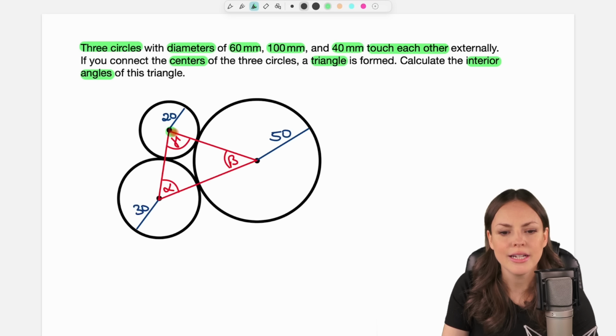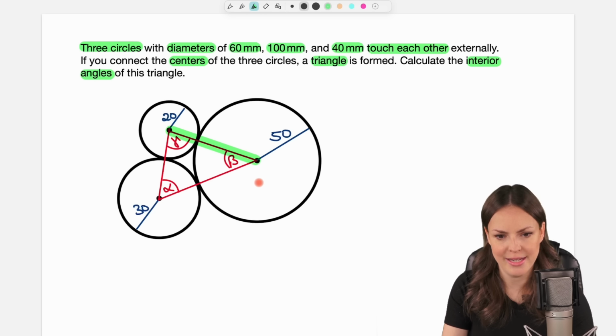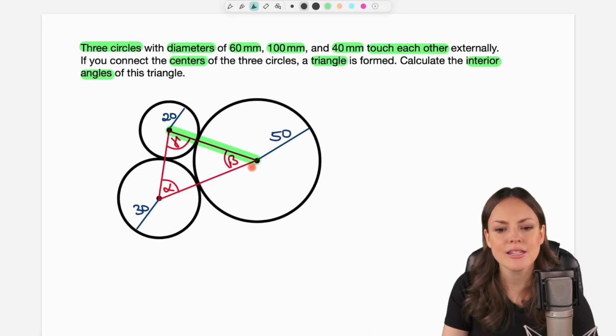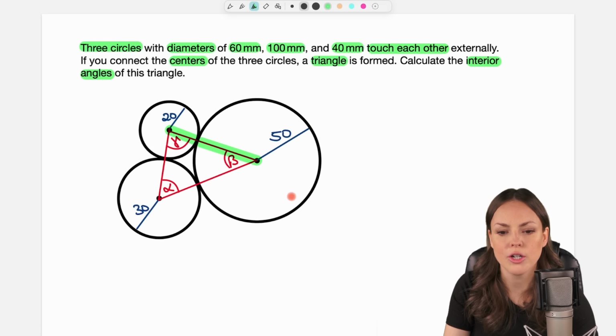If we take a look at this side here, for example, then this consists of this part here in this large circle and this part here in the small circle. And this first part here, this is just the radius of my large circle.